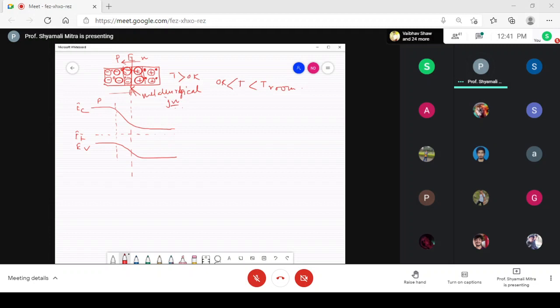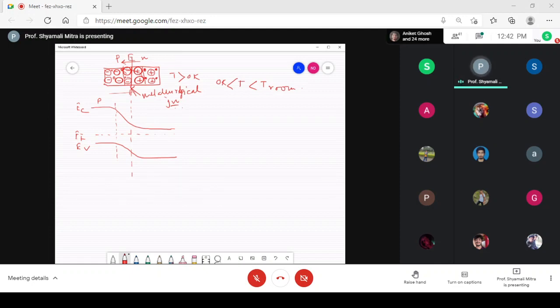This region has specific names. This is devoid of mobile charge carriers, that means it lacks electrons or holes.